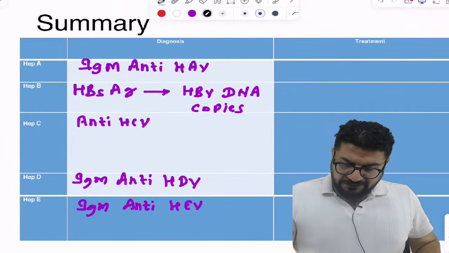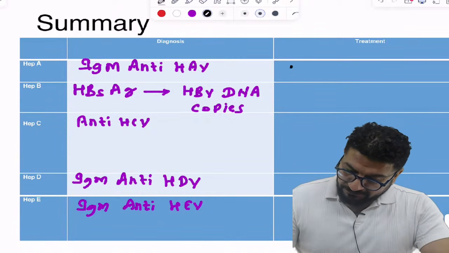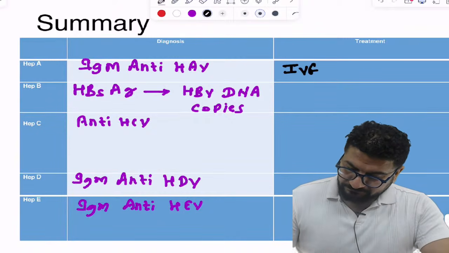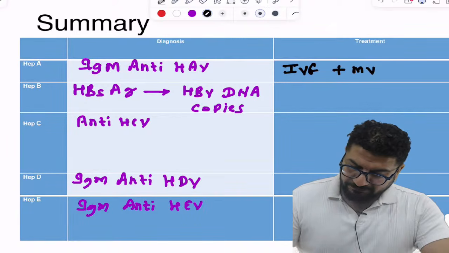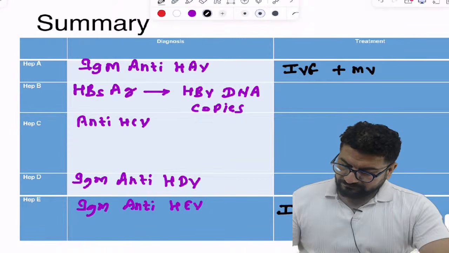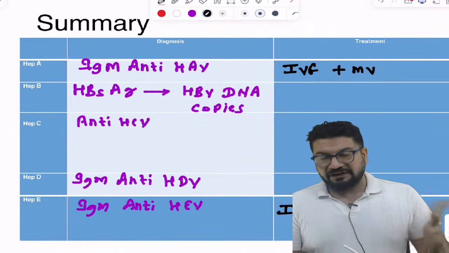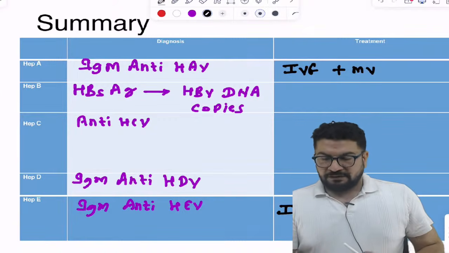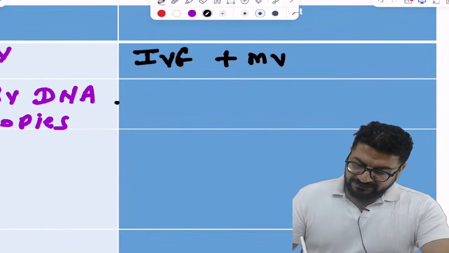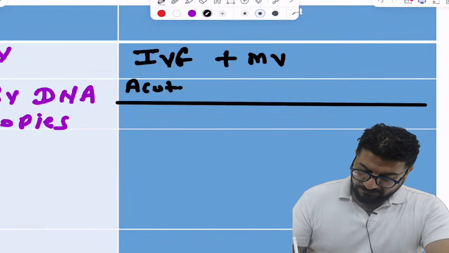अब इसको देखो, A और E acute होता है, तो in acute what we give? In acute we give IV fluid plus multivitamin, meaning you have to give dextrose. IV fluid, multivitamin, अच्छी diet दो उसको. B में भी क्या होगा? If B, it is acute, so B can be acute or B can be chronic.